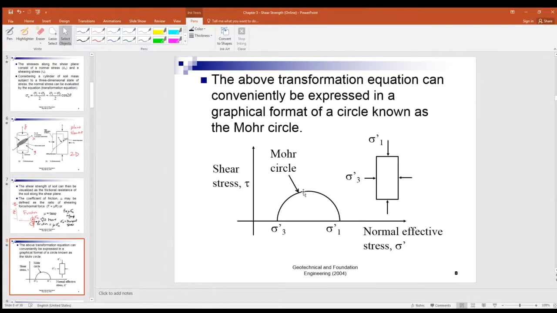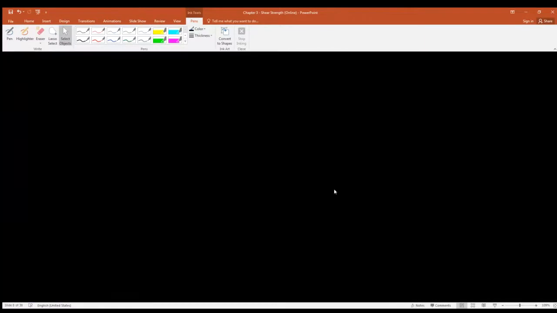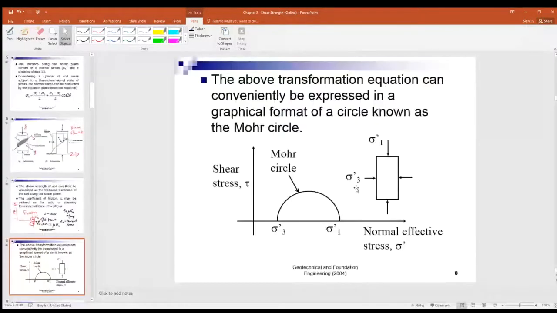Now, we come to this Mohr circle. Say that is the x direction, and that's the y direction.